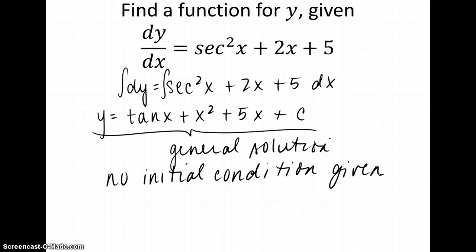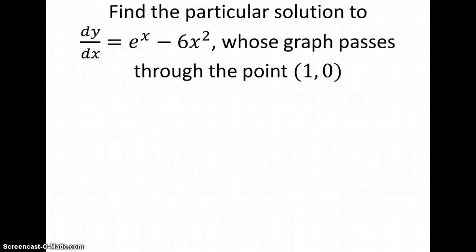And therefore we can't find the plus c. Remember, we need the plus c because the derivative of y would give us secant squared x plus 2x plus 5. So regardless of what that constant would be, the derivative of a constant is always 0. So for the general solution, we need to include that c.